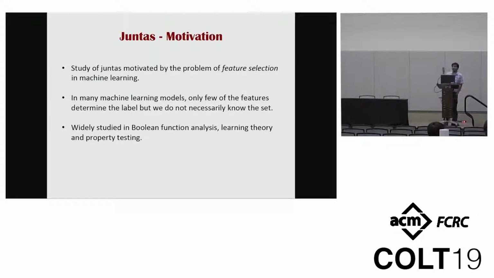So think that you have come up with a model on n bits, and while the model as such looks like it depends on all n bits, maybe it actually depends on only very few bits, and you want to know if there are few relevant variables which determine the function. You want to know if this is the case or not. So that's another motivation for studying juntas. And again, as I said, it's studied in many different ways in complexity and learning theory, and property testing, which is the focus of this talk.